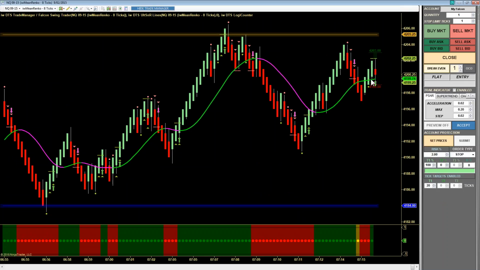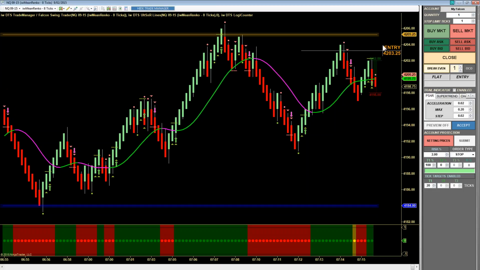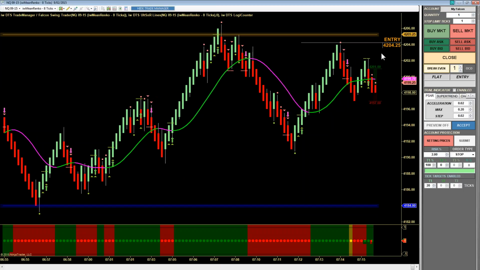So the trend line has not changed color. Everything else has. Ideally, I'd want to enter above this high. The problem is I've got to give up about half a dozen ticks just to gain entry. And they're starting to turn over, so they'll remove all temptation for me to do that.